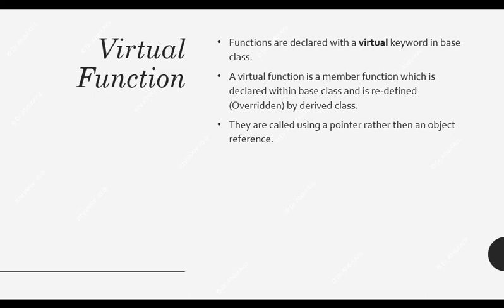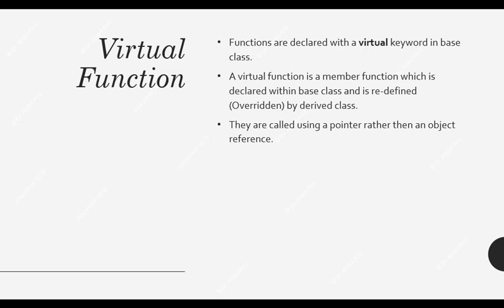The third property of virtual functions is that they are always called using an object reference, which means using a pointer rather than the object itself. We cannot use the dot operator, like object dot function. We need to use a pointer to call these virtual functions.